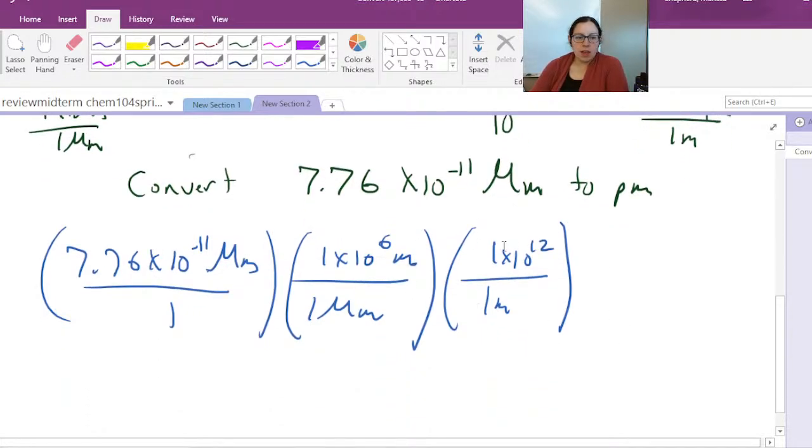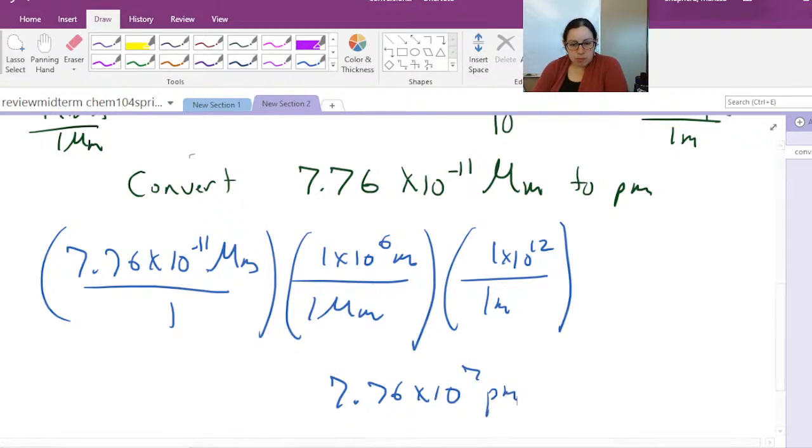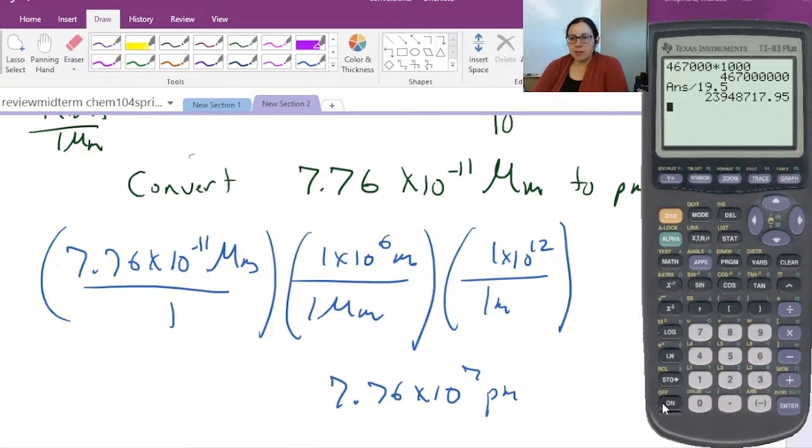And so now we could add up the exponents if we felt like doing some mental math. So negative 11 plus 12, so that's 1, then plus 6, so 7. So 7.67 times 10 to the 7th picometers. Or of course you could plug it into your calculator.